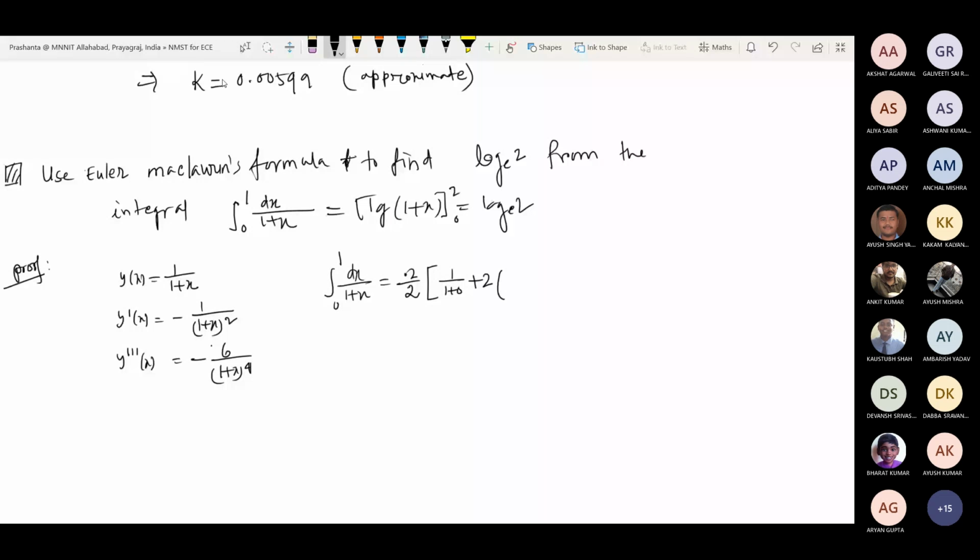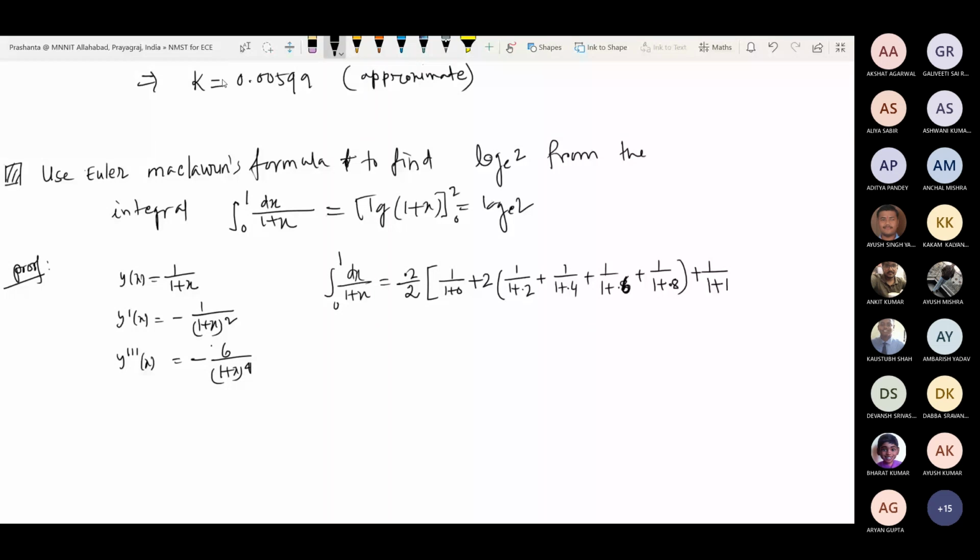So that will be 1 by 1 plus 0.2 plus 1 by 1 plus 0.4 plus 1 by 1 plus 0.6 plus 1 by 1 plus 0.8 plus 1 by 1 plus 1.